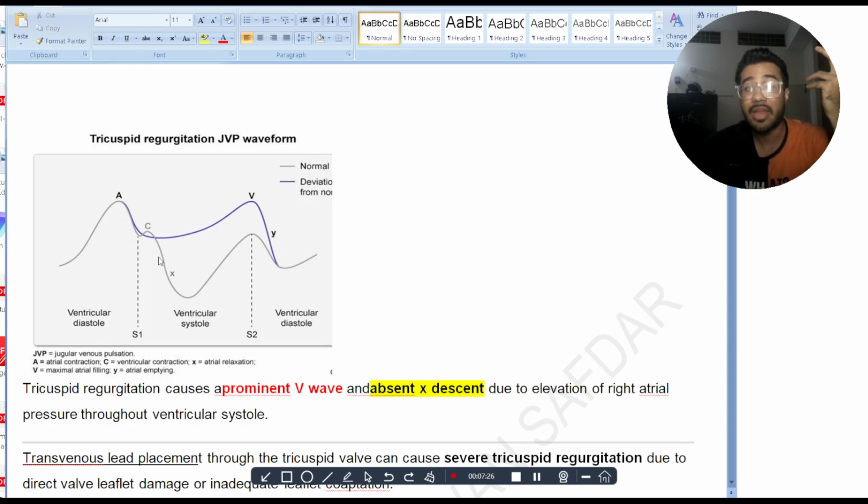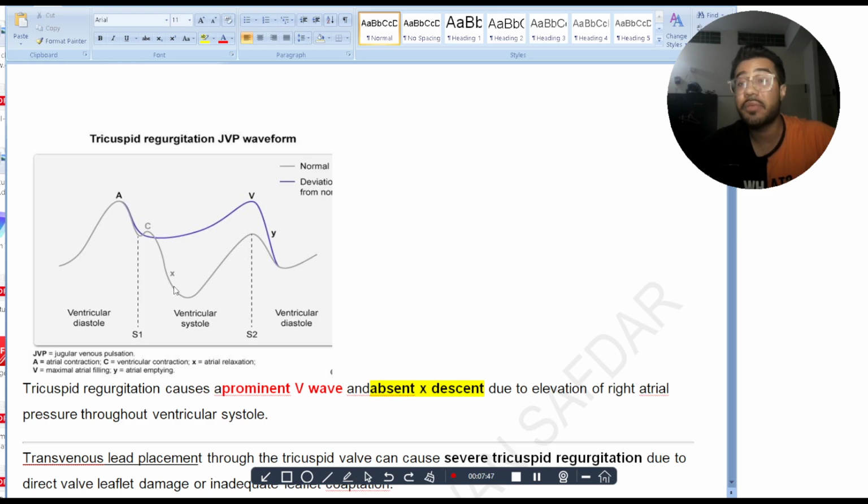Normally the atria relax, then they start filling with blood. But in tricuspid regurg, the blood comes back and the pressure all around stays high in the atria. So if they give you a JVP waveform where in ventricular systole the pressure is all around greater than the baseline, there is no X descent.